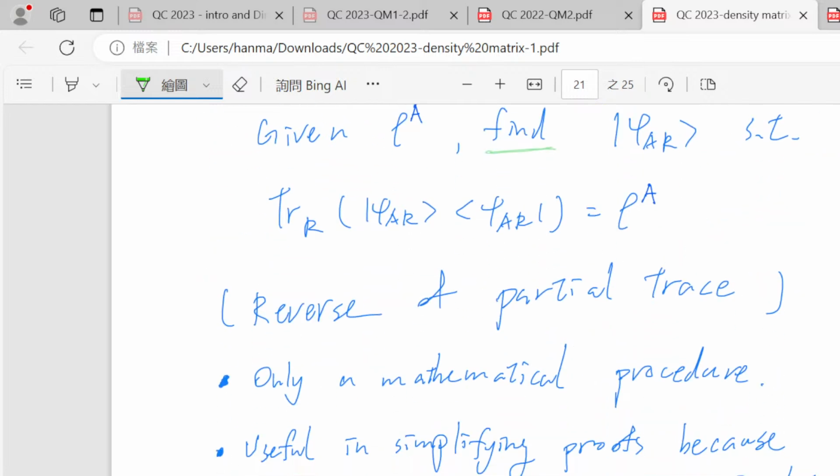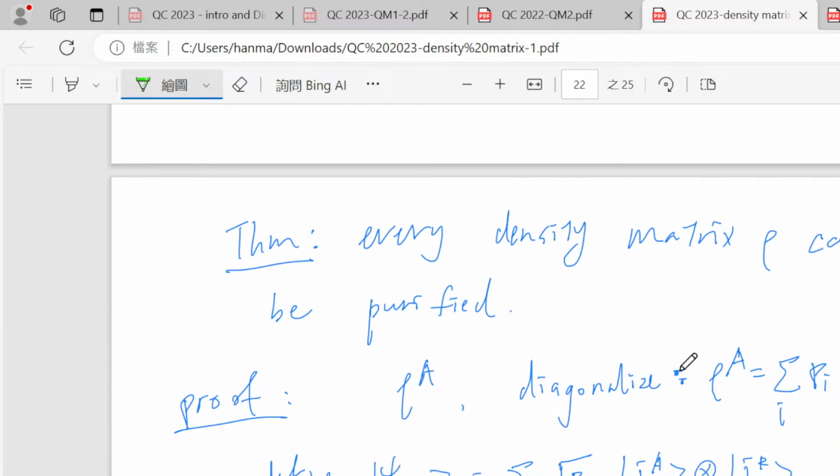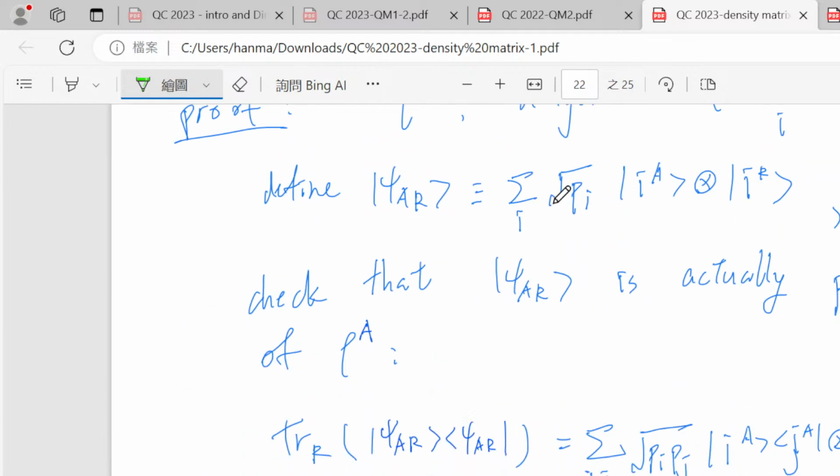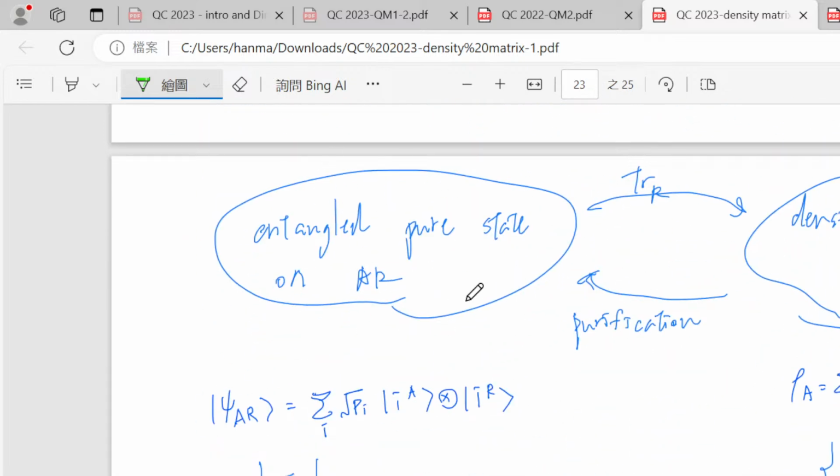And we see this purification has a lot of connection to the Schmidt decomposition. So think about we have some density matrix rho A, then we can purify it to some entangled pure state. And then this entangled pure state, when you partial trace the reference system, will get back to your density matrix.